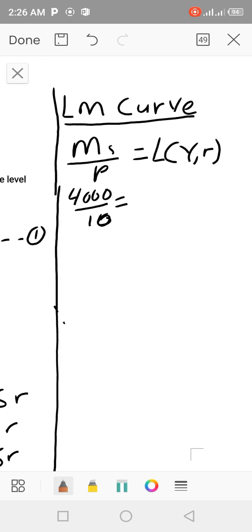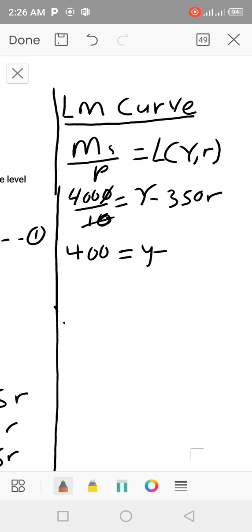So now 10 cancels a 0, so we have 400, which is equal to Y minus 350R.